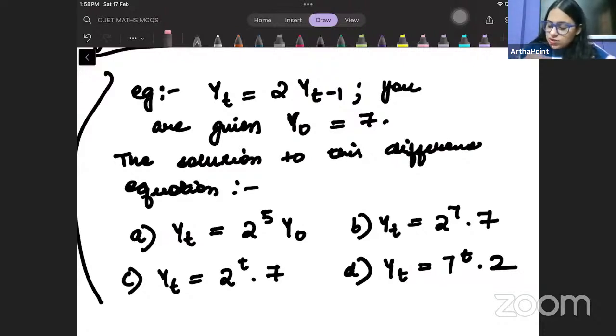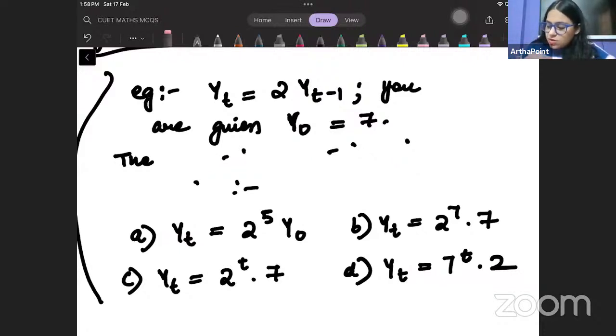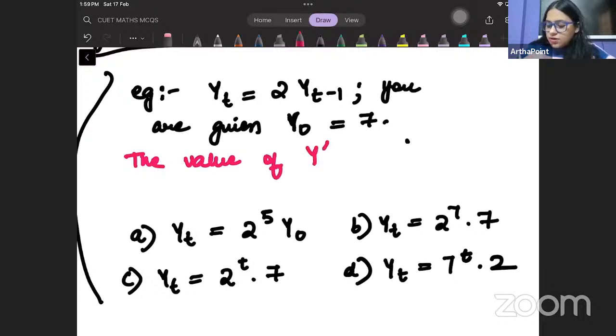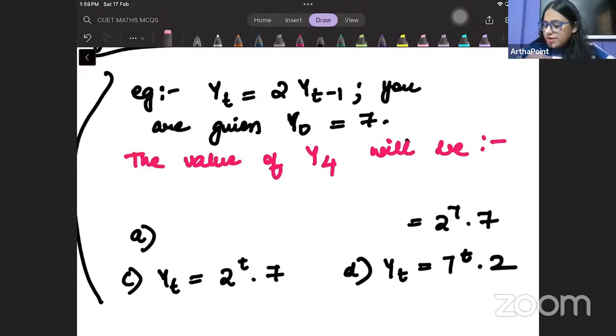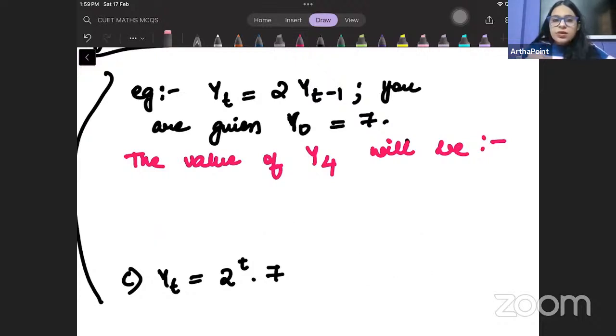They ask you a time period in particular, that the value of y in time period 4 will be. मतलब उन्होंने बोल दिया कि y in time period 4 का value क्या होगा.